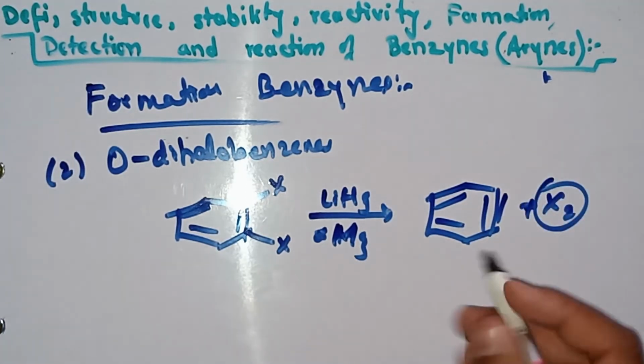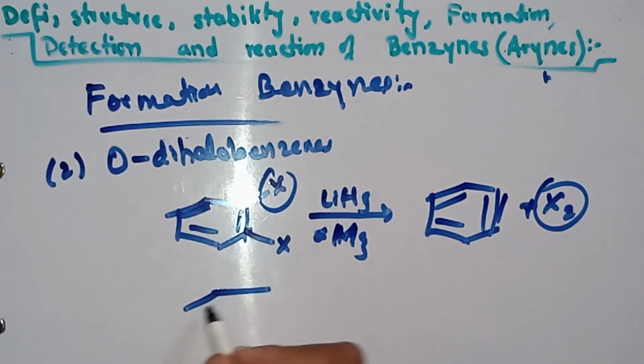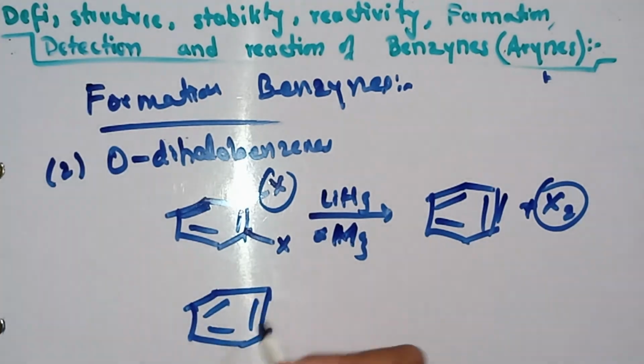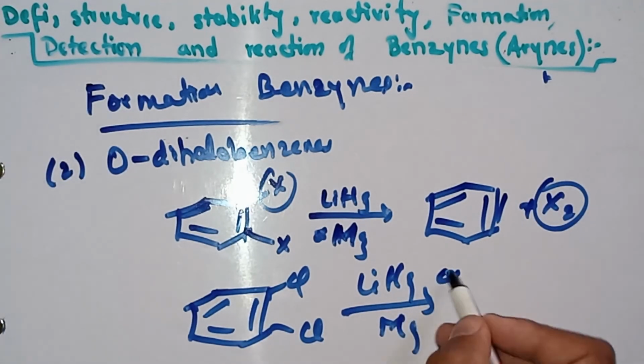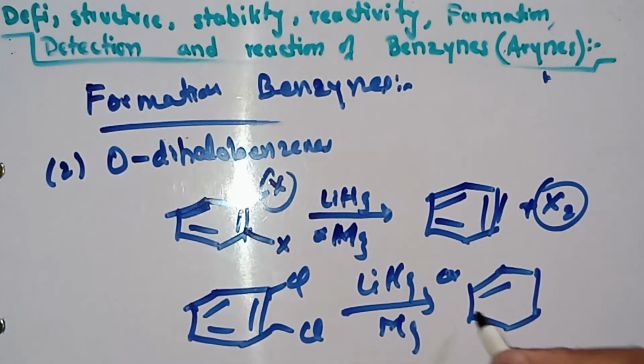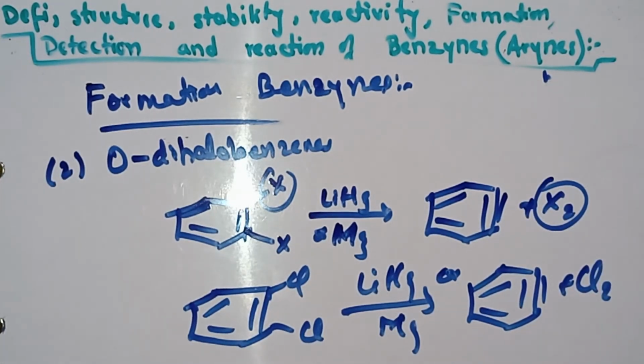X2 means Cl2 or F2, where X is a halogen. If there is Cl attached, in the presence of lithium amalgam or Mg, it will form benzyne plus Cl2. This is the formation of benzyne. Is it clear?